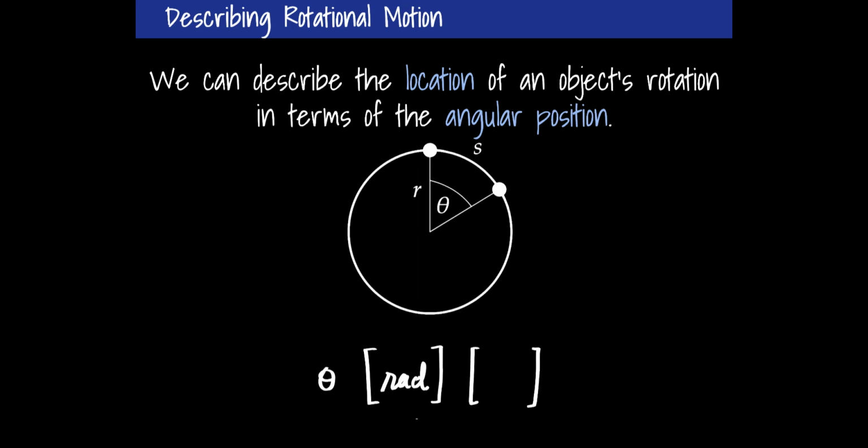If I tell you s, a certain number of meters, then you could look at that circle and say, yes, that's how far it goes along the circumference. But similarly, if I told you the angle, you could just as easily tell the new position of the rotated mass. Now that angle here is represented by the Greek letter theta.